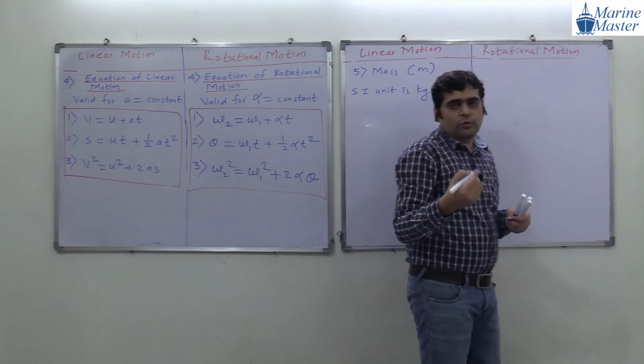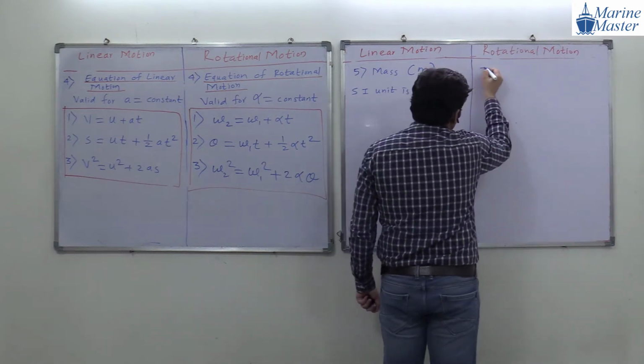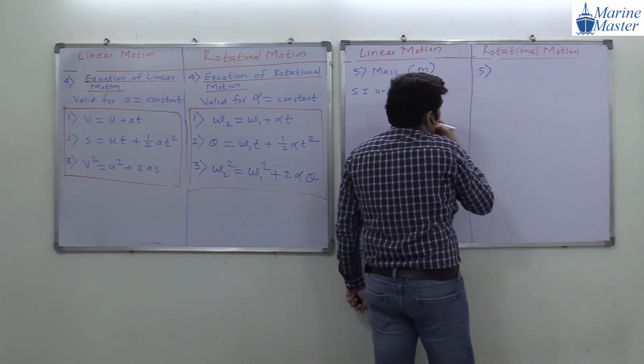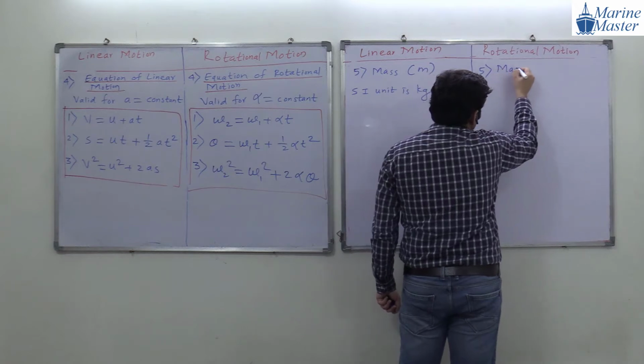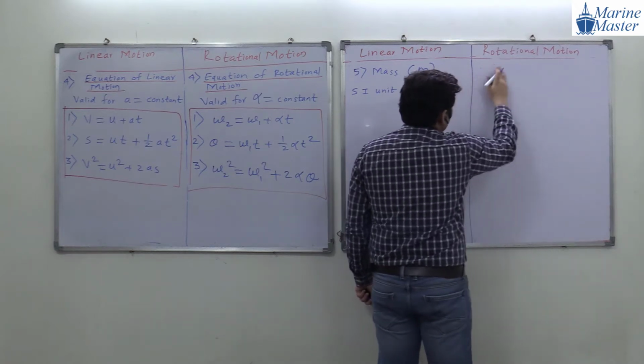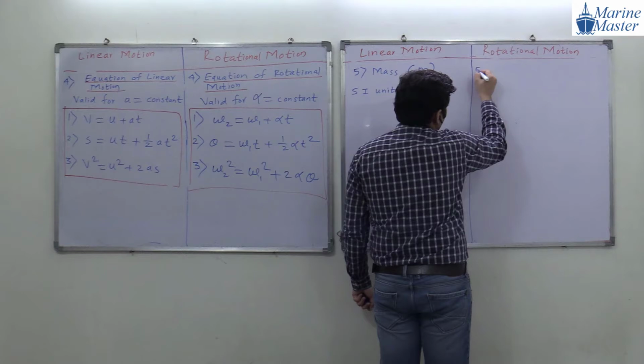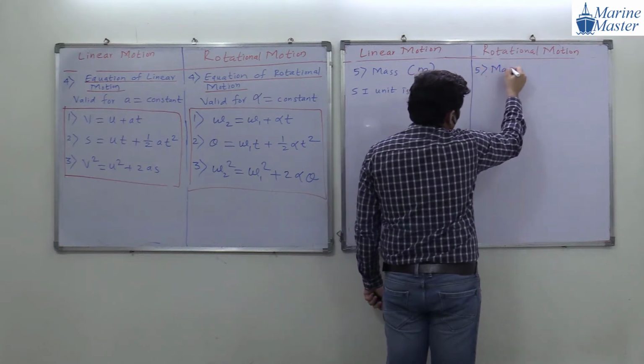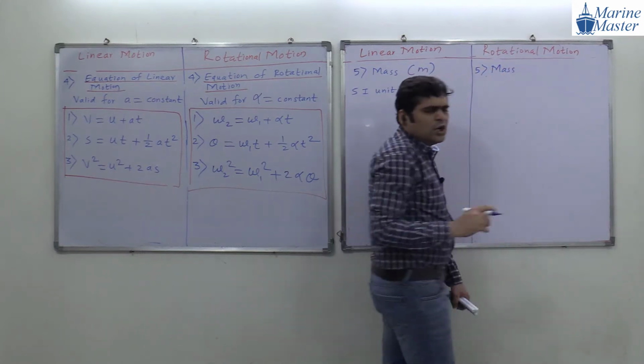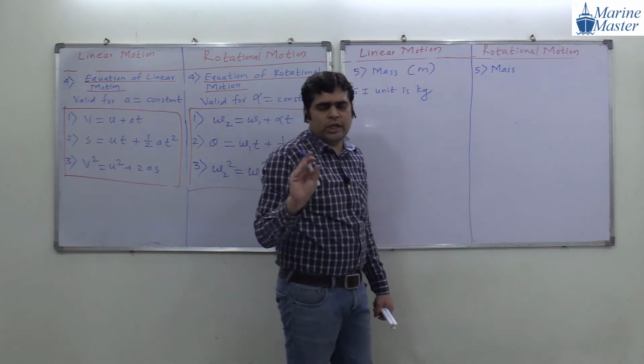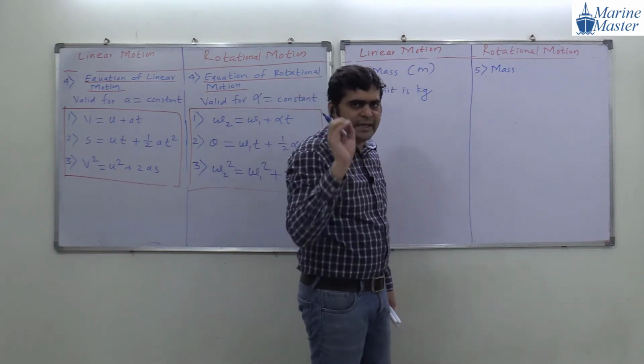But in rotational motion, wherever we have mass in that expression, we use mass moment of inertia. This is a new term for you guys. Don't worry about this term. We are not going into that much detail.